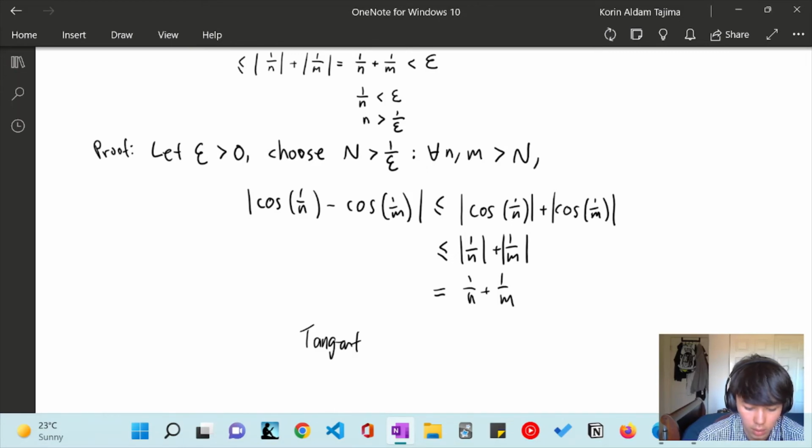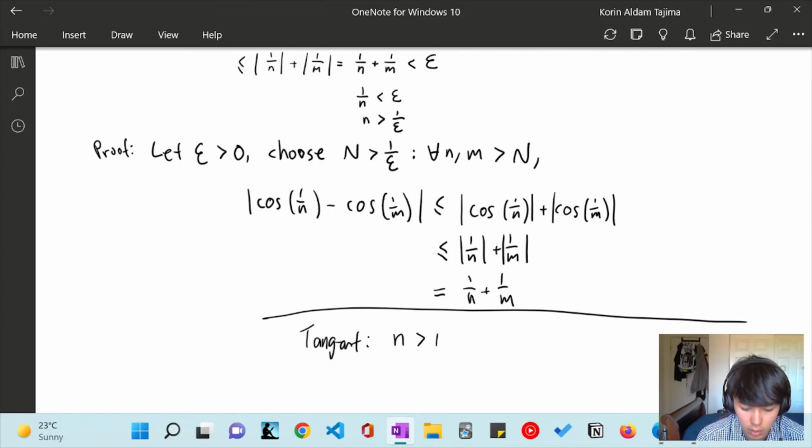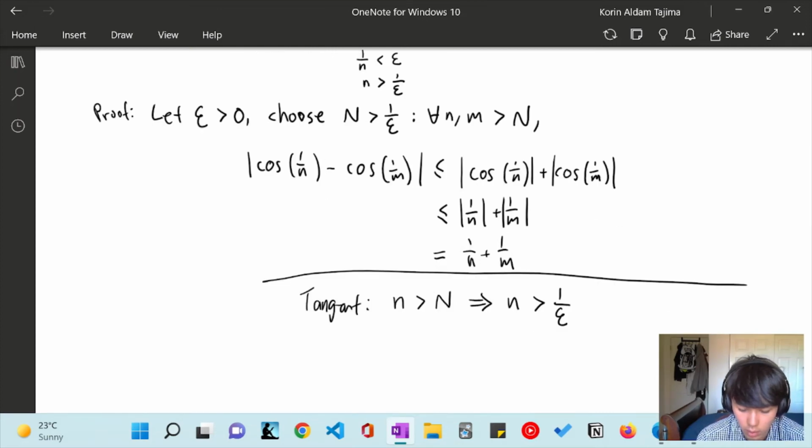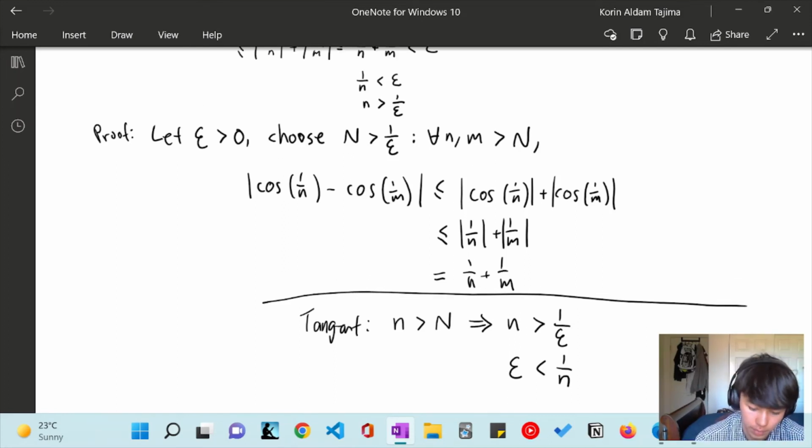this is separate to the proof. n is greater than N, which means that n is greater than 1 over epsilon, and solving for epsilon means epsilon is less than 1 over, oh no, epsilon is greater than 1 over n.